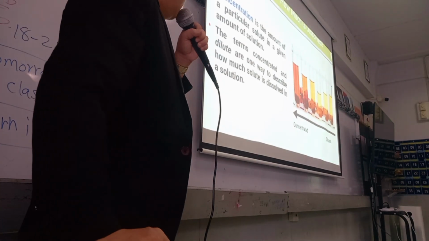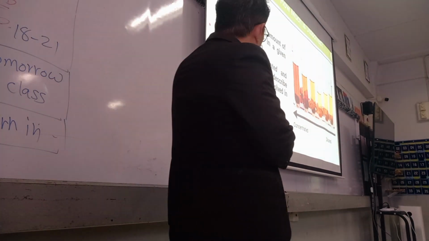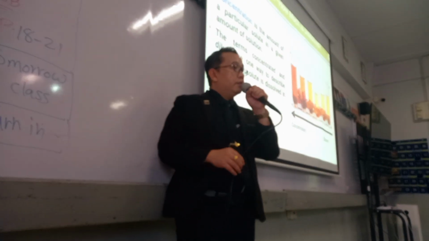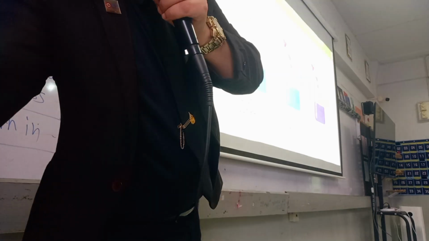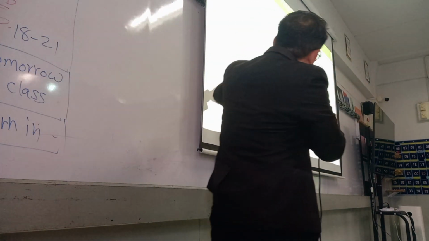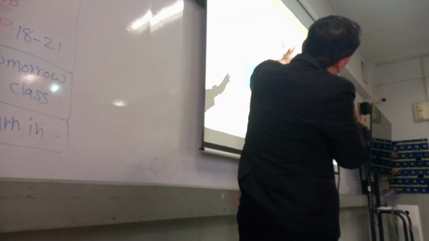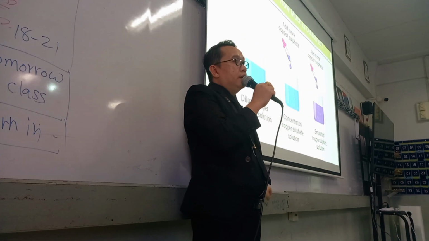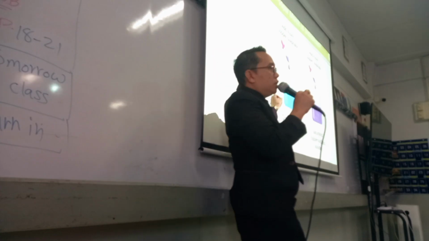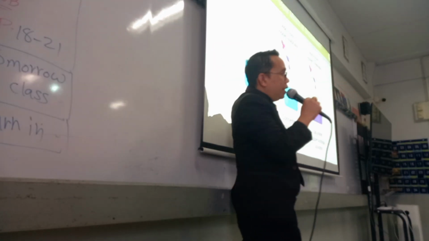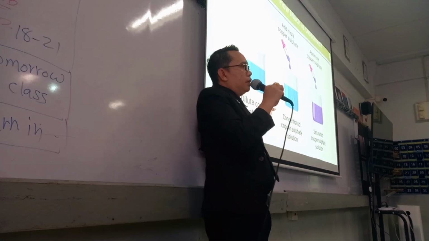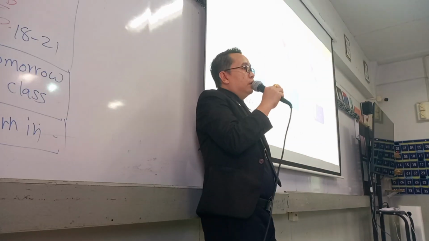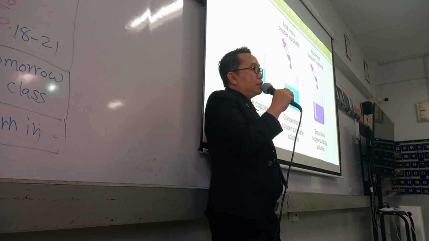The terms concentrated and dilute are one way to describe how much solute is dissolved in a solution. One more thing. In this example, we add more copper sulfate and more copper sulfate. What will be the possible effect or the reaction of the water? Why does it sometimes turn out that one is very clear, one is still transparent, and the other is colored, fully occupying the space of the water?